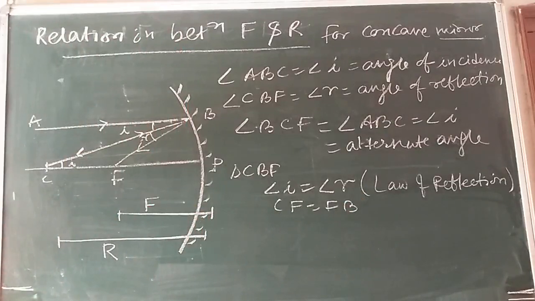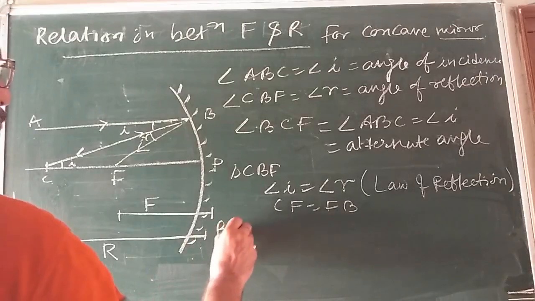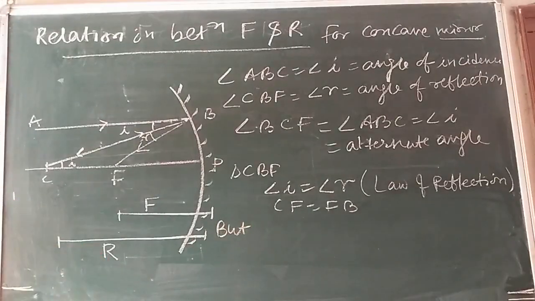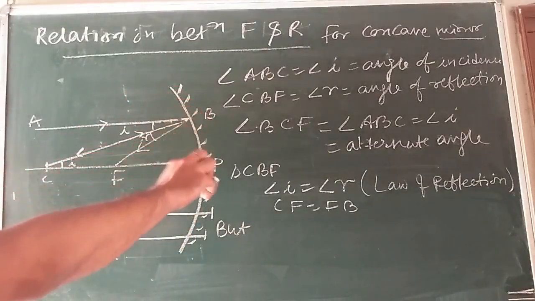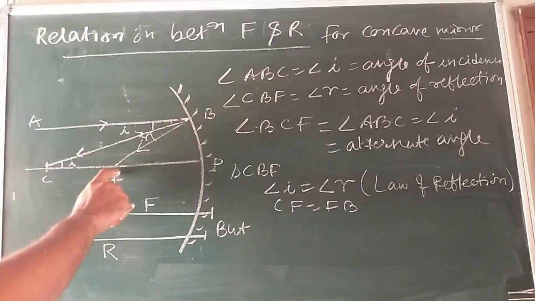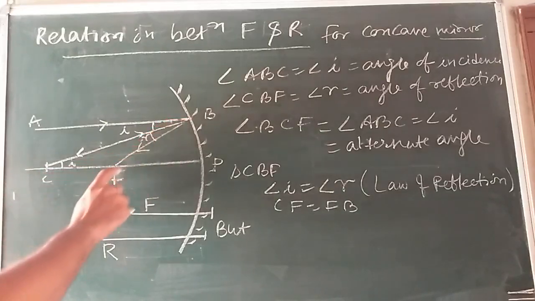So dear children, angle I is equal to angle R. CF is equal to FB. But if I say this aperture is very small, so I can say that FB is equal to FP.